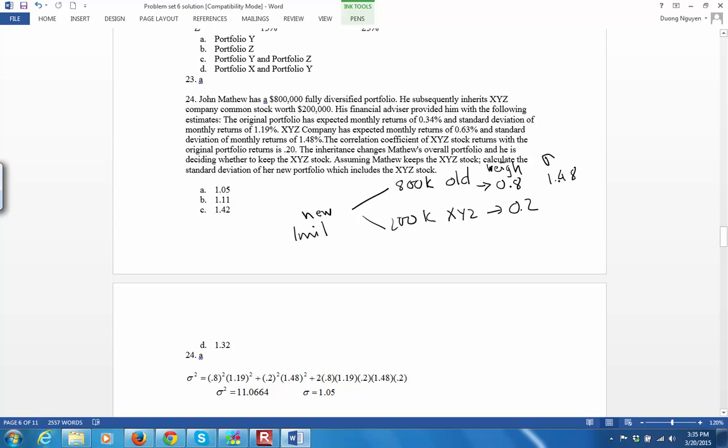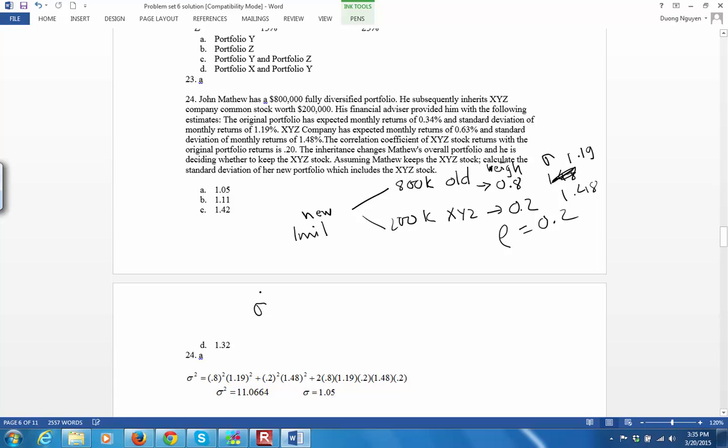The standard deviation of the original portfolio is 119%, and the standard deviation of XYZ is 148%. The correlation between the two is 20%.